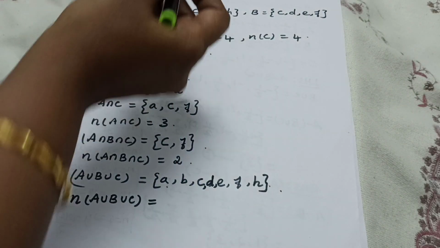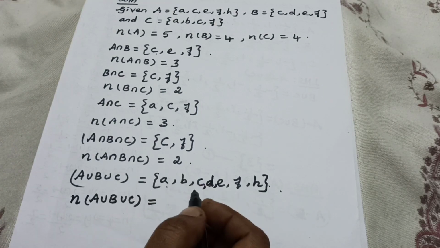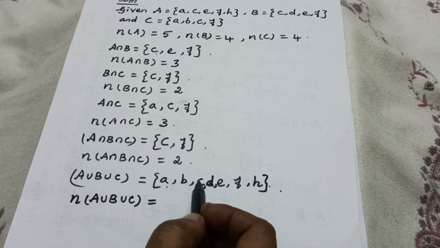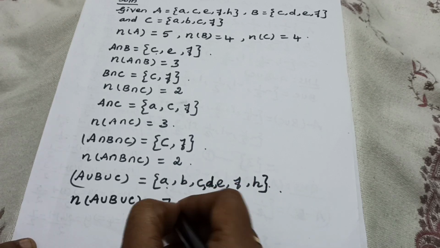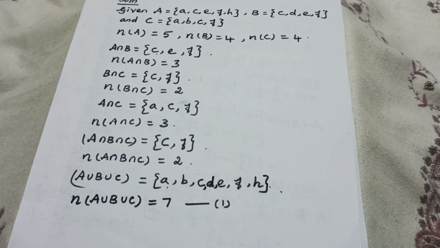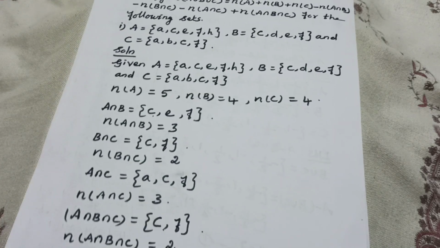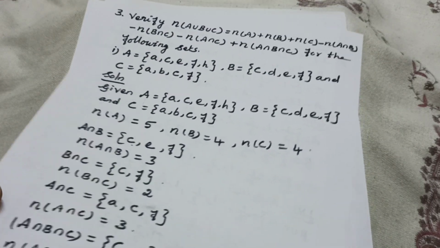Okay, left hand side, what is given? n of A union B union C, isn't it? Then here how many elements? 1, 2, 3, 4, 5, 6, 7. 7 elements. Okay, this is left hand side. This is 1, you should take it. Okay, then right hand side you should take it. Okay, right hand side, what is given?